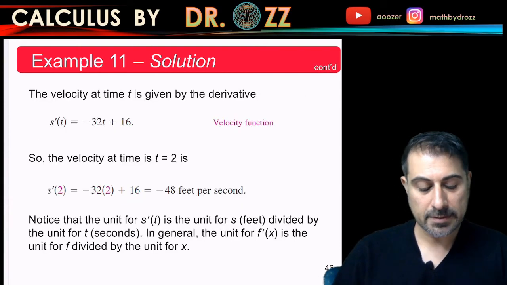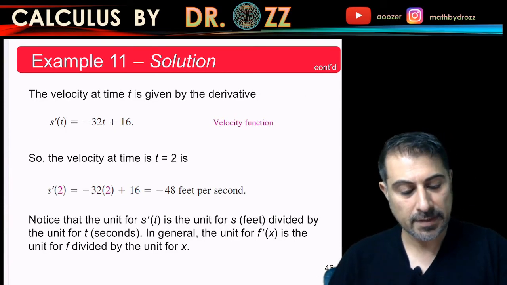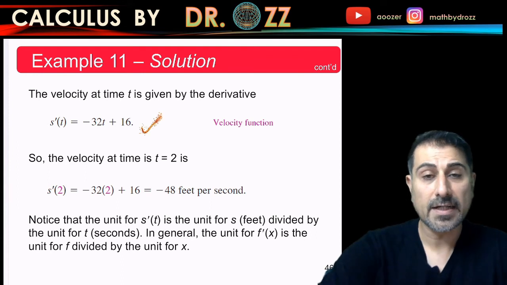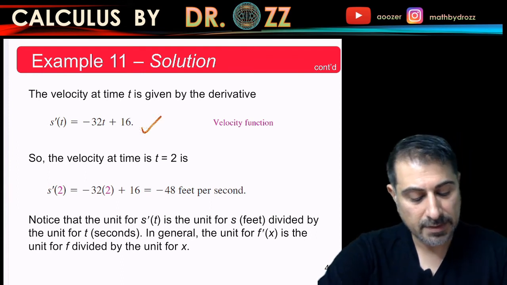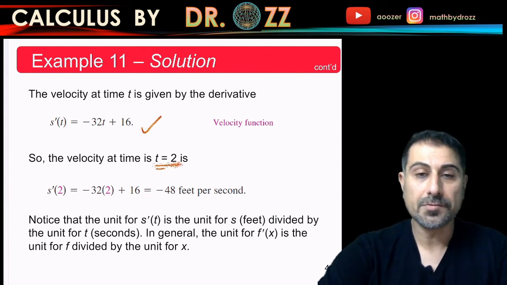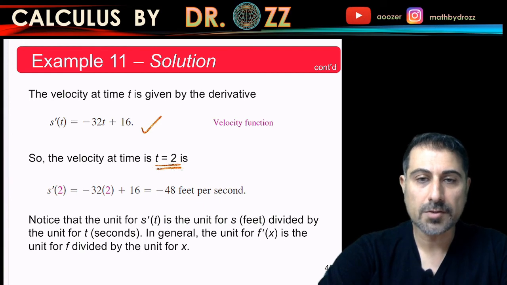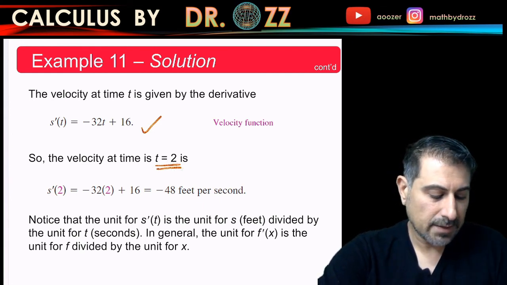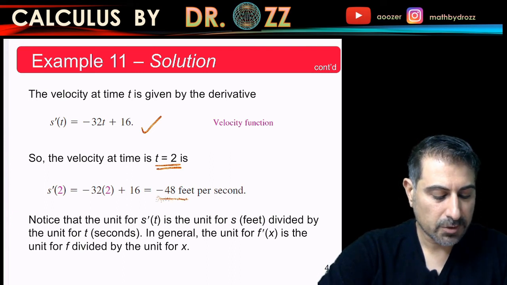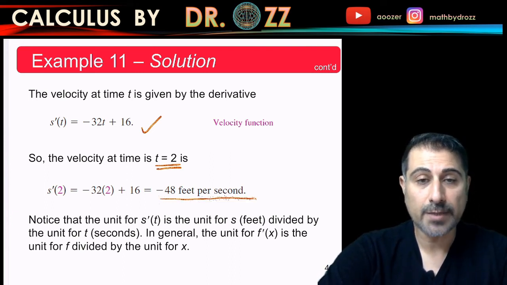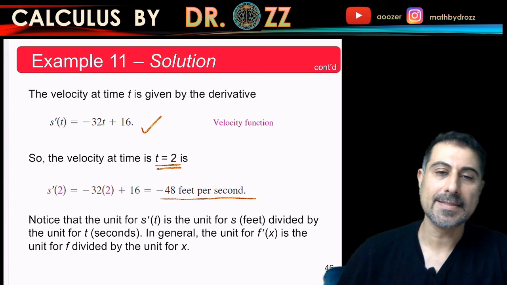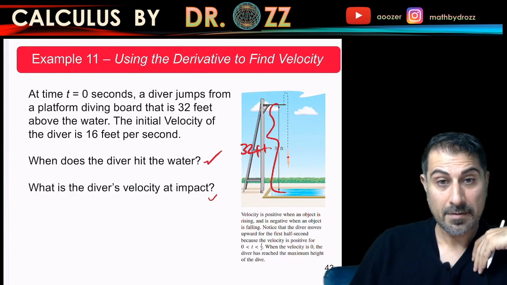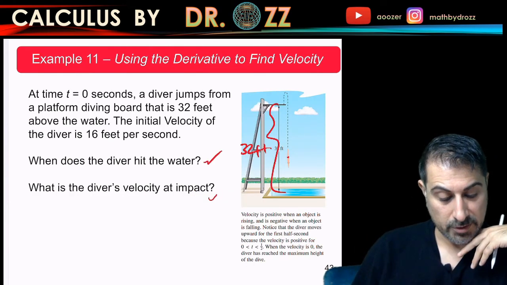It turns out that s prime of t is negative 32t plus 16, and the time of impact is 2 seconds. If you plug in 2 for t, we see that at impact, the diver's velocity is negative 48 feet per second. All right, that answers the 2 questions being asked here.